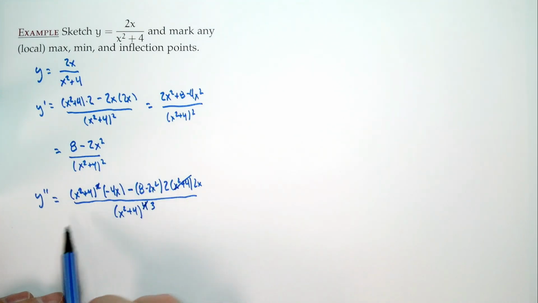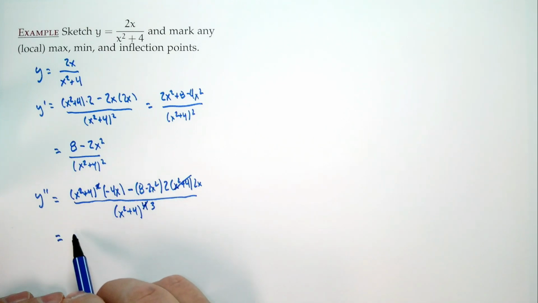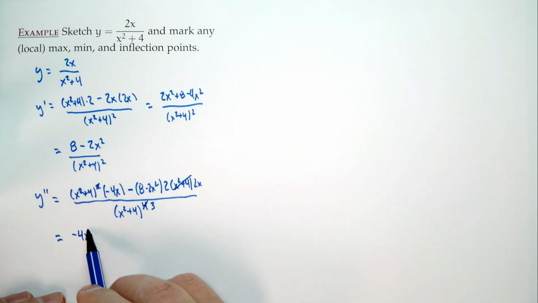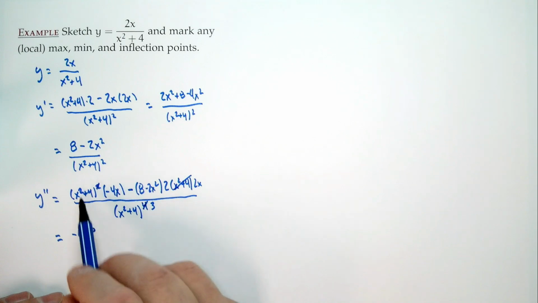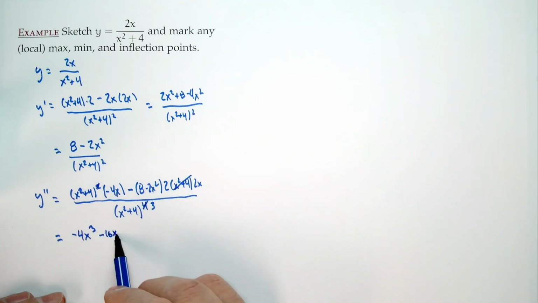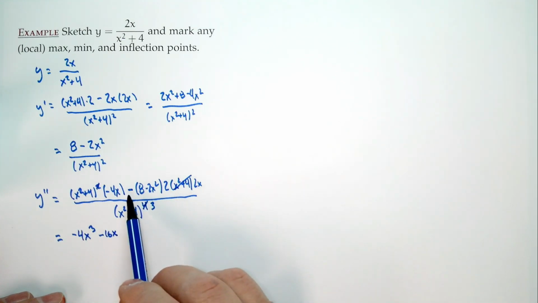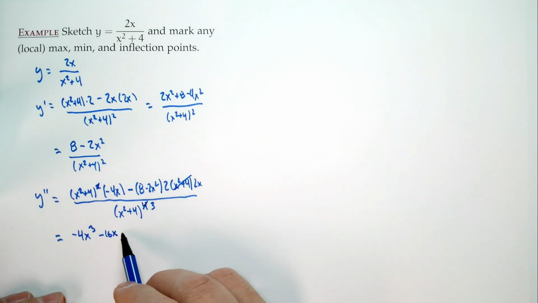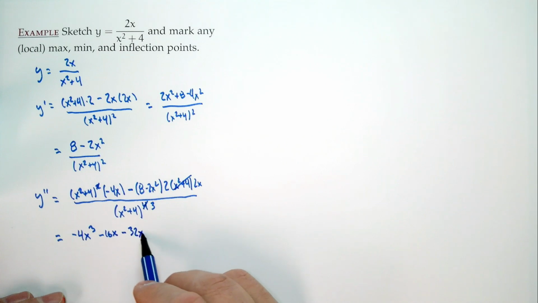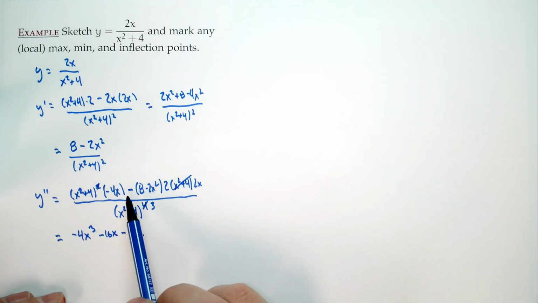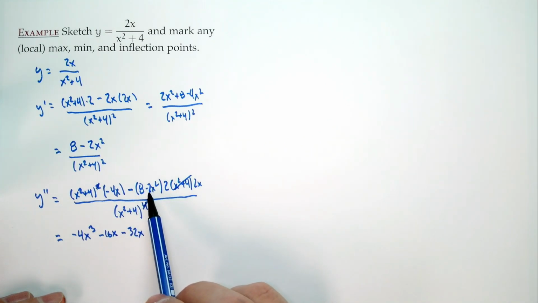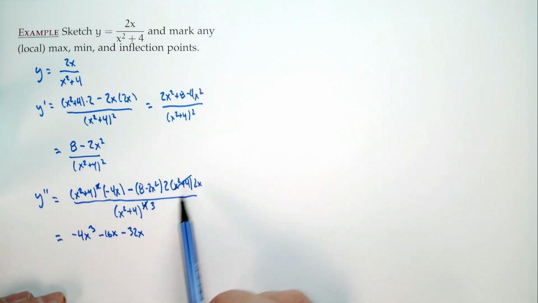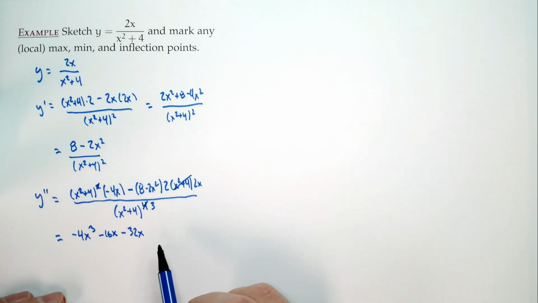And now we'll distribute what we have left upstairs. We'll have minus 4x cubed, and then minus 16x. Then we have minus 8 times 2 times 2x. So that would be minus 32x, I believe. Minus 2x squared times 2 times 2x. And so what will that be?